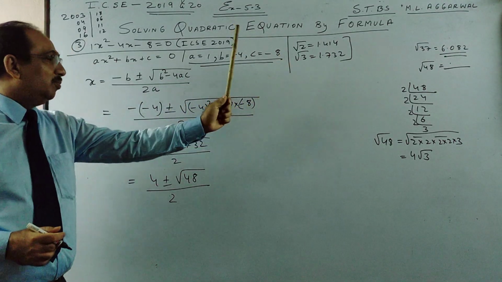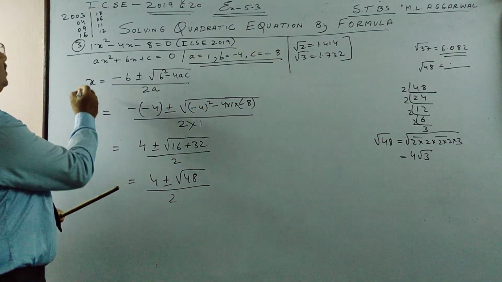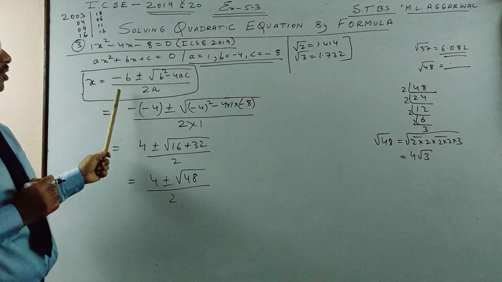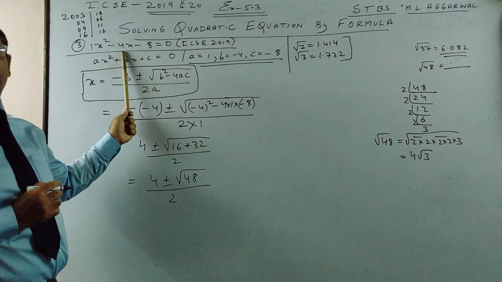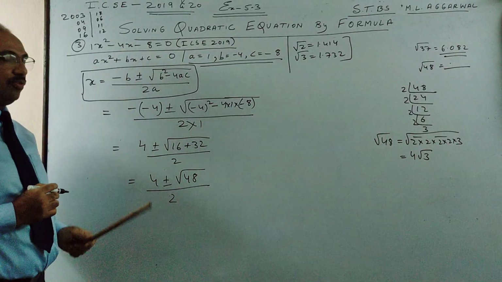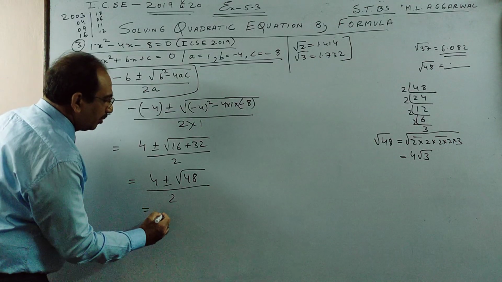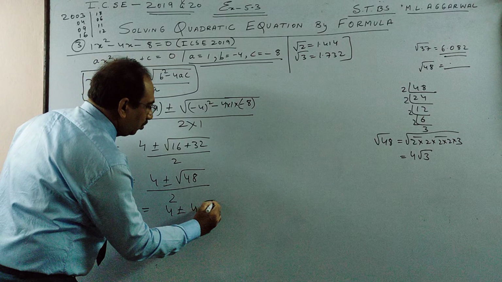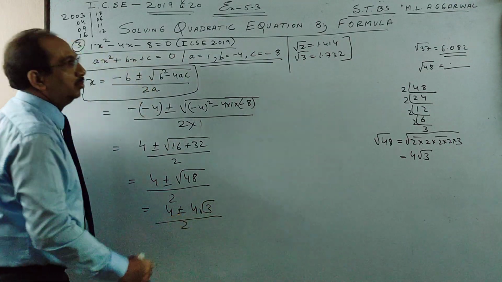So these two I almost mug up, like you mug up this formula method of solving, because every time you cannot break the middle term to factorize. So from here what we do, one more step I go, 4 plus minus 4 root 3 by 2.